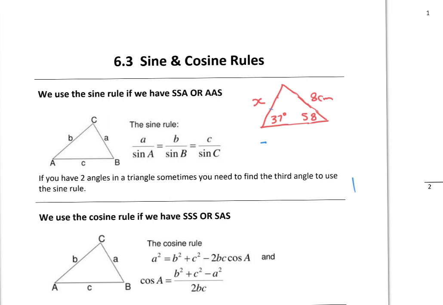Okay, we need to find x and we have the opposite angle. We have 8 and we have its opposite angle. We need to use the sine rule to find x. Afifa, can you tell me how to use the sine rule? 8 over sine 37 equals x over sine 58.